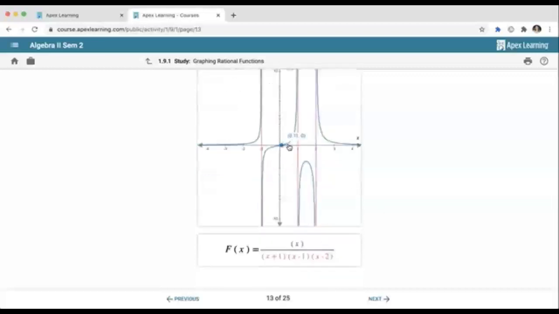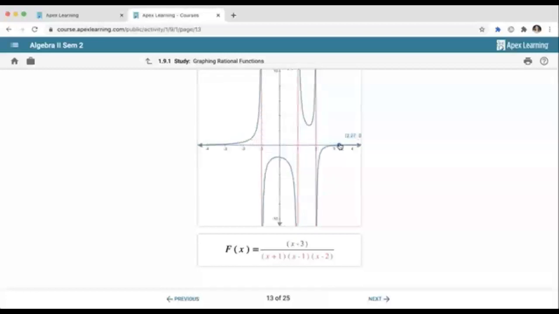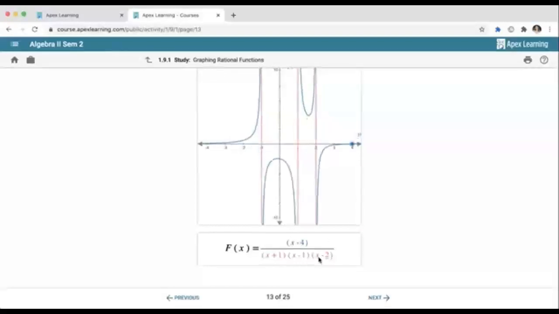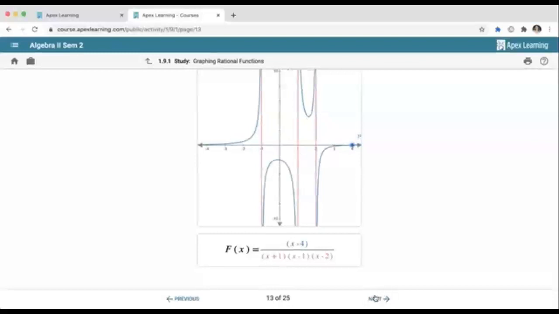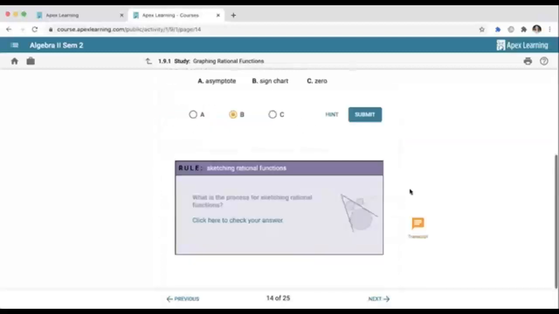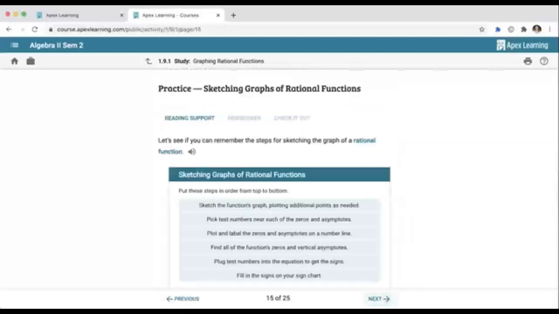Same thing, we can still play around with all of this. The bottom isn't changing. What's changing here is where my value crosses the x-axis. So a sign chart can help us graph a rational expression, and I'll leave you to explore that more in depth.